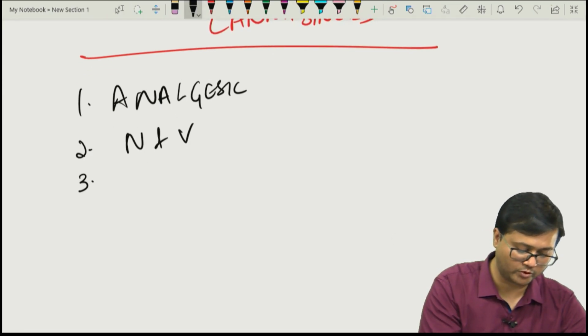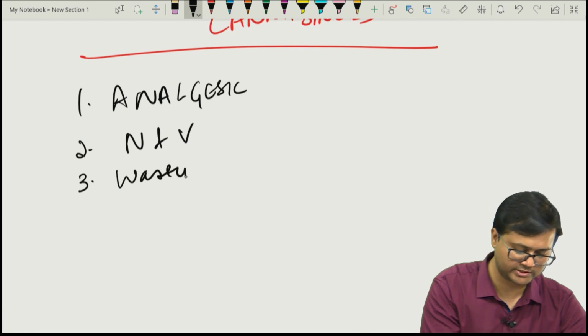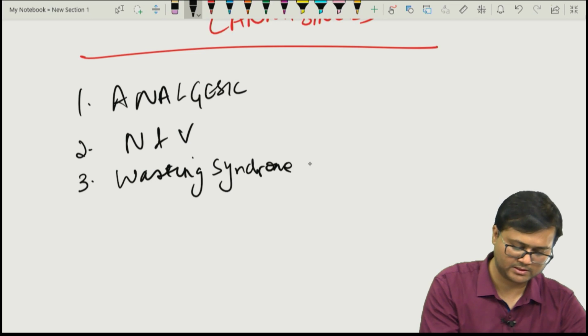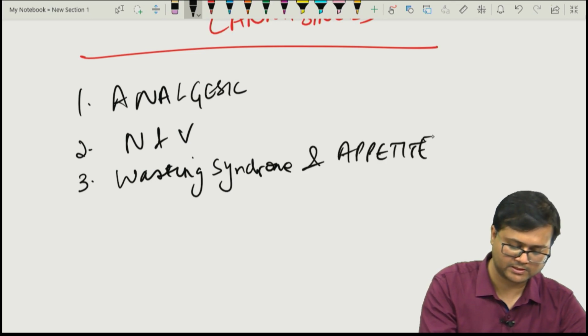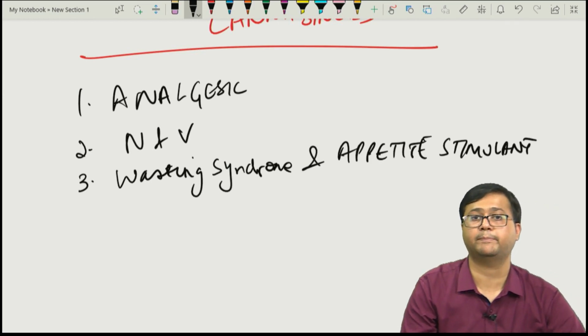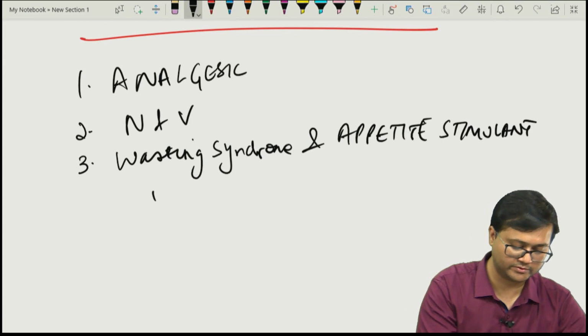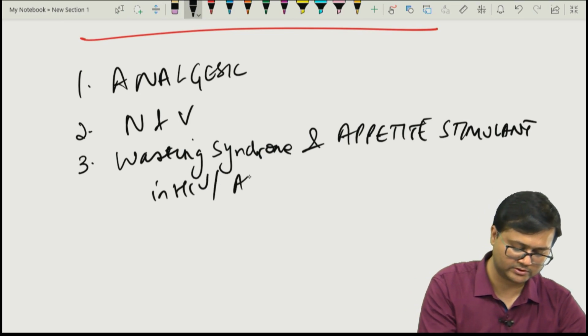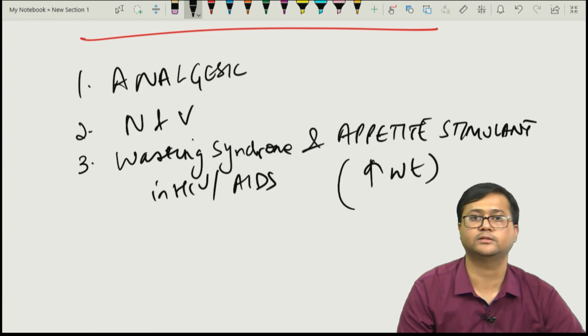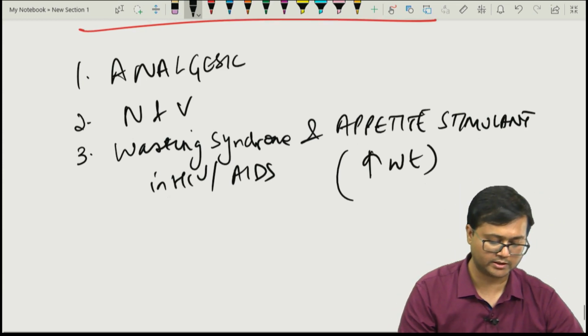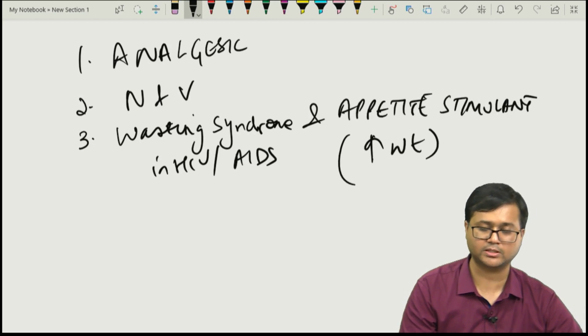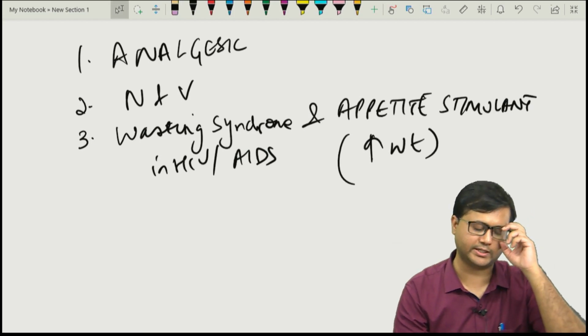And third, importantly, it may be used in wasting syndrome, and it is used as an appetite stimulant. So basically it increases appetite in people with HIV or AIDS. So in fact it increases weight rather than decreasing weight.